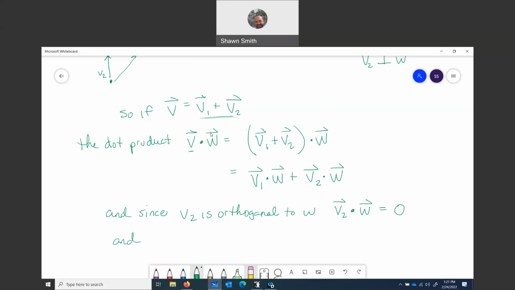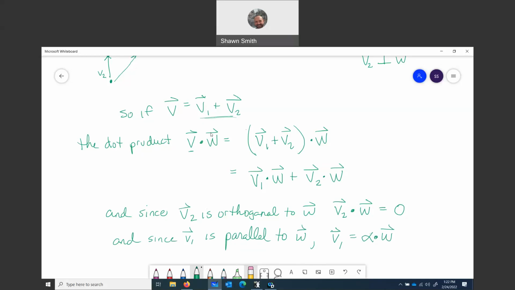And since V1 is parallel to W, V1 is just some scalar multiple of W. So I put an alpha right there.